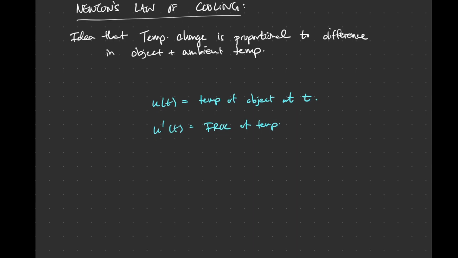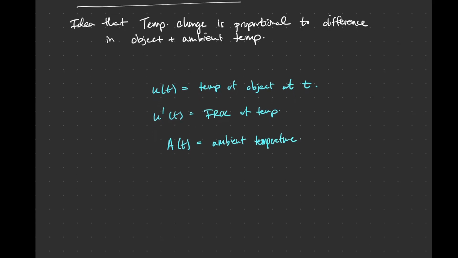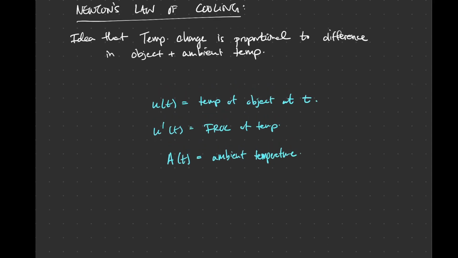Well, we'll need to say that the ambient temperature, we can call it a function of time if we want. This is the surroundings. This could be a function of time, or we can assume it's constant based on what we want to do.